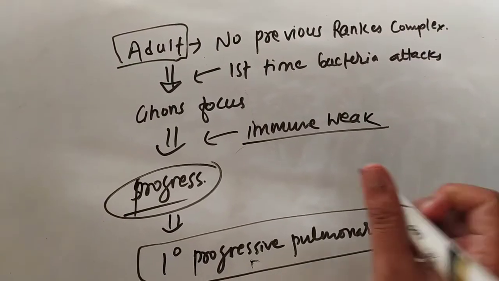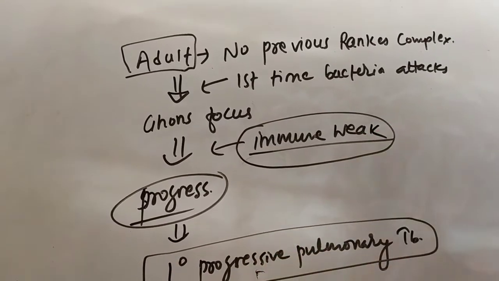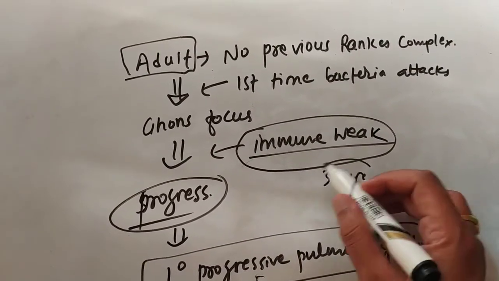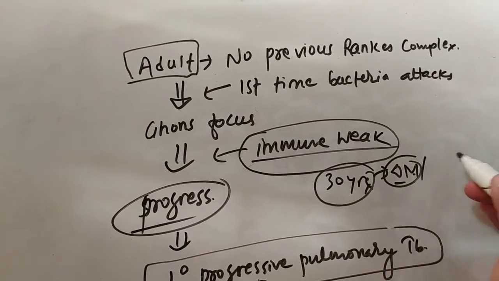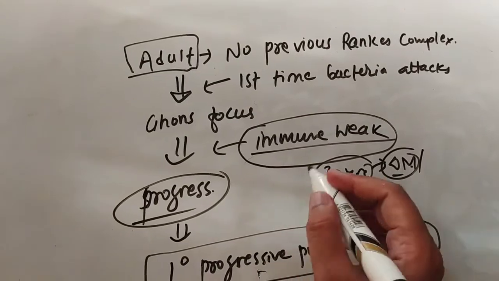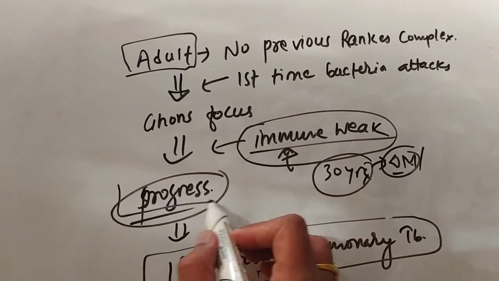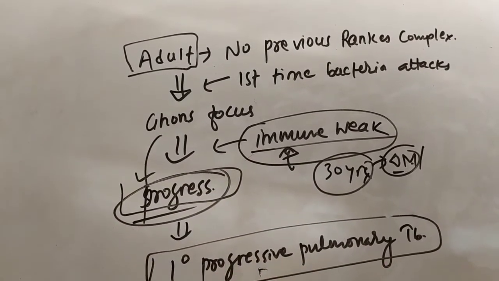But suppose the person is an adult, but somehow his immunity is weak. Let's suppose that he is around 30 years old and has diabetes mellitus, or any kind of chronic disease, and due to his relatively weak immune status, the Ghon focus will directly progress, and ultimately there will be primary progressive pulmonary TB.